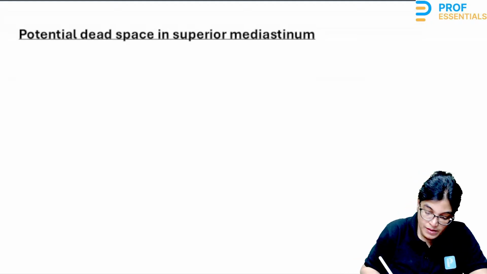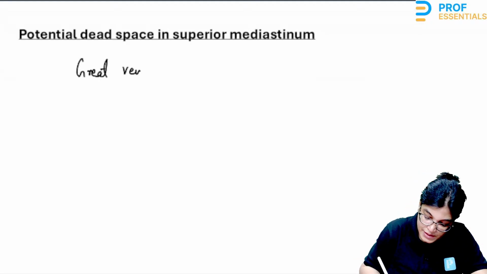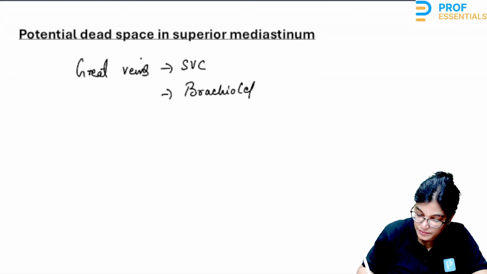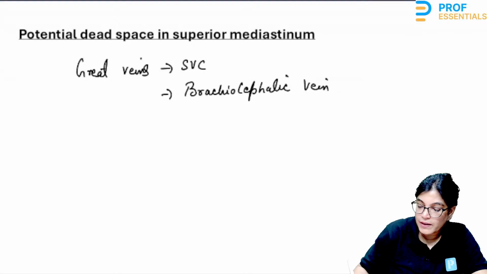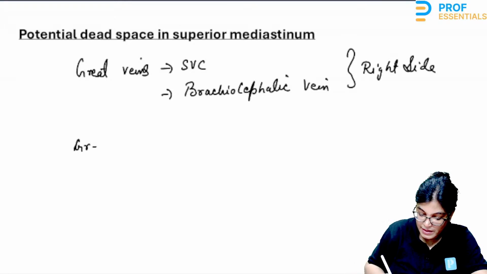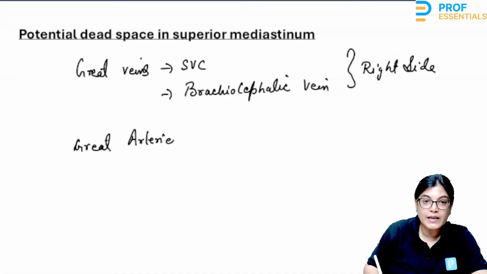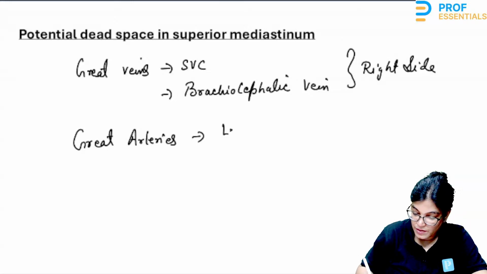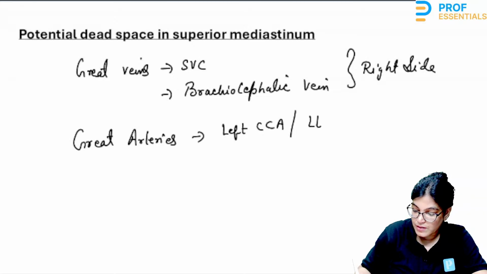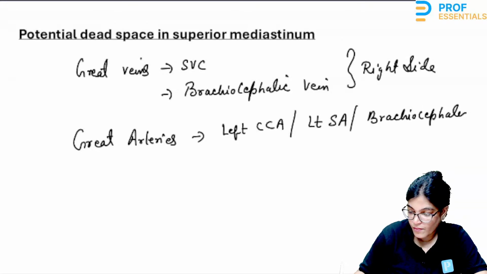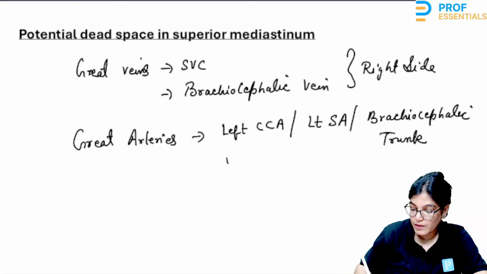The reason is that the great veins, that is superior vena cava and brachiocephalic veins, are occupying more of the space on the right side, and the great arteries, like left common carotid, left subclavian, and the brachiocephalic trunk, are occupying more of the left side space.